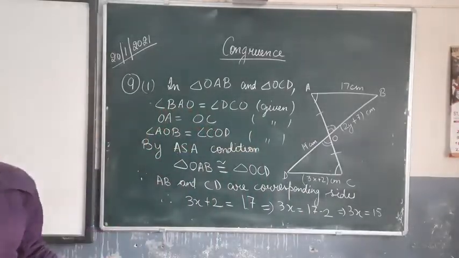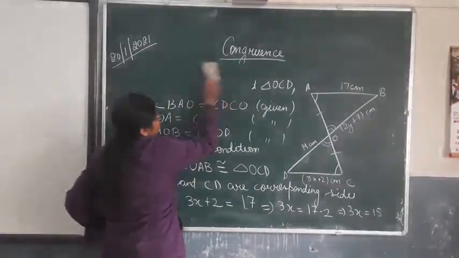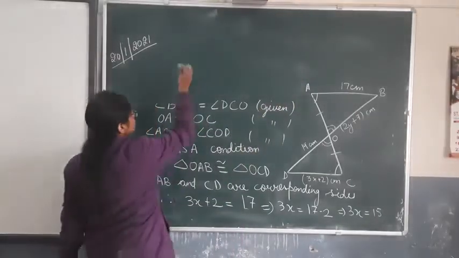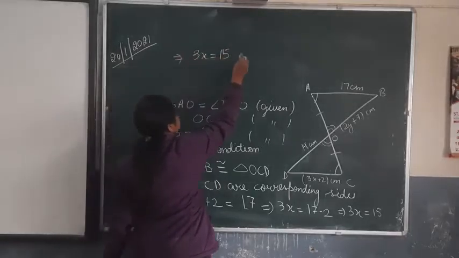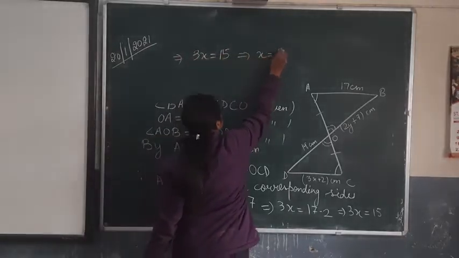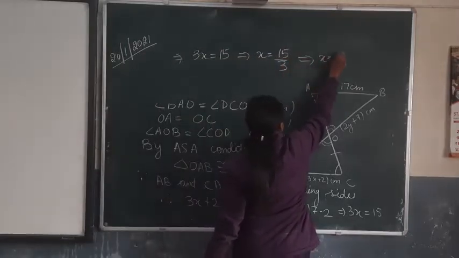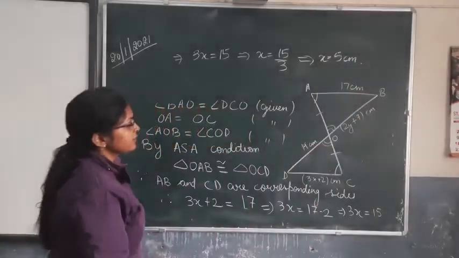Just write it down in your copy. So the value of 3x is equal to 15. So what will be the value of x? x will be equal to 15 upon 3. Or this implies x is equal to 5 centimeter. We got the value of x as 5 centimeter.